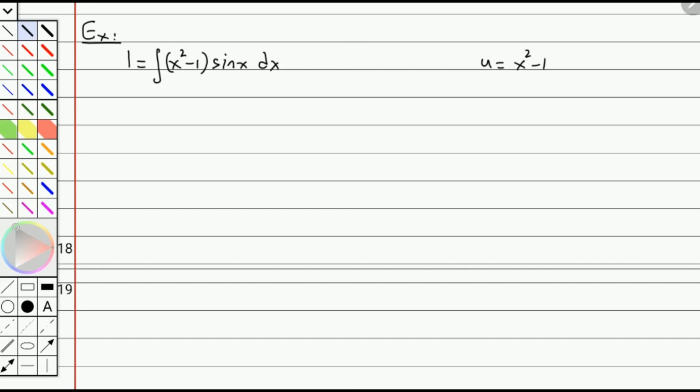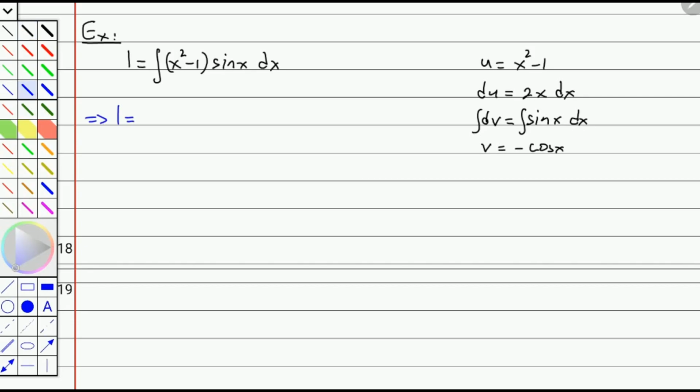Let's find its differential. du equals the derivative of x squared minus 1, which is 2x, times dx, and dv is sine of x dx, which we integrate left and right, and we have that v is going to be negative cosine x.